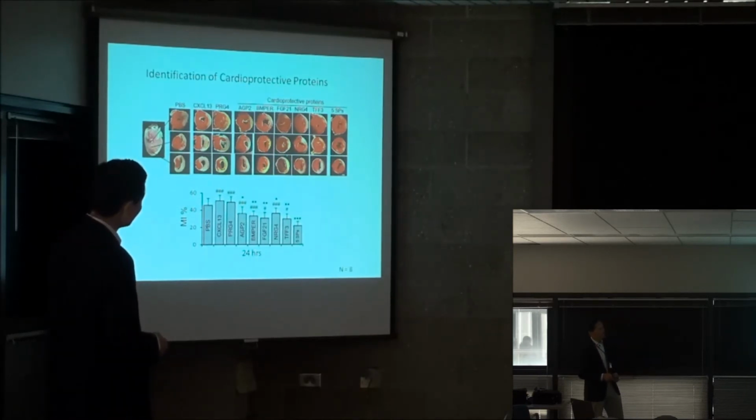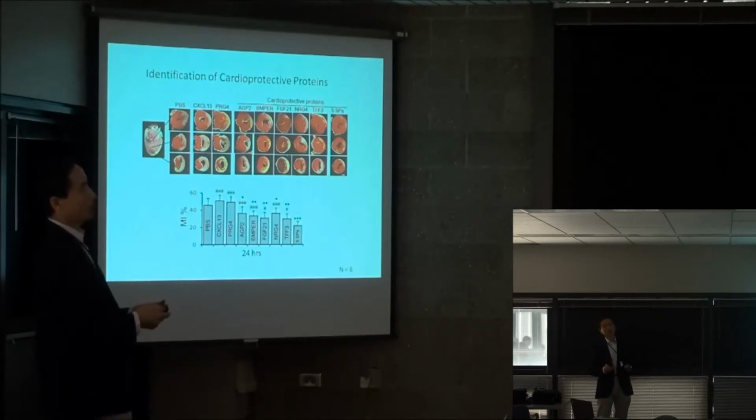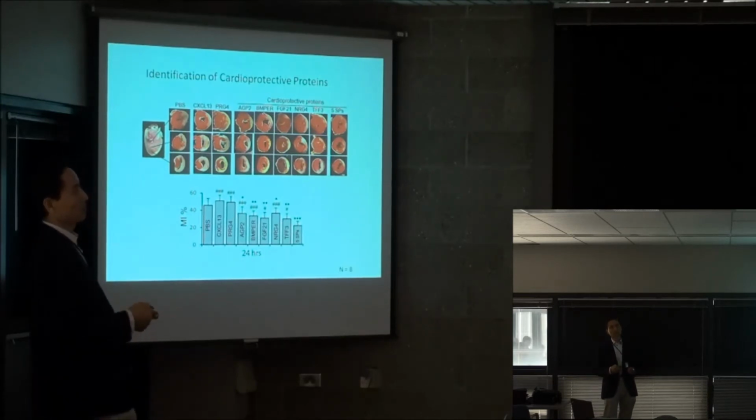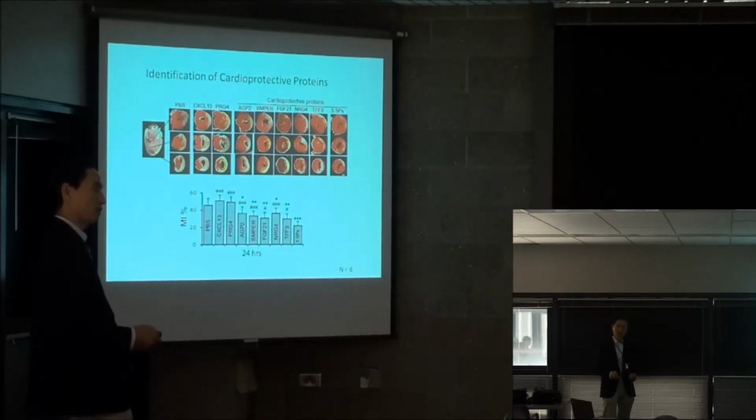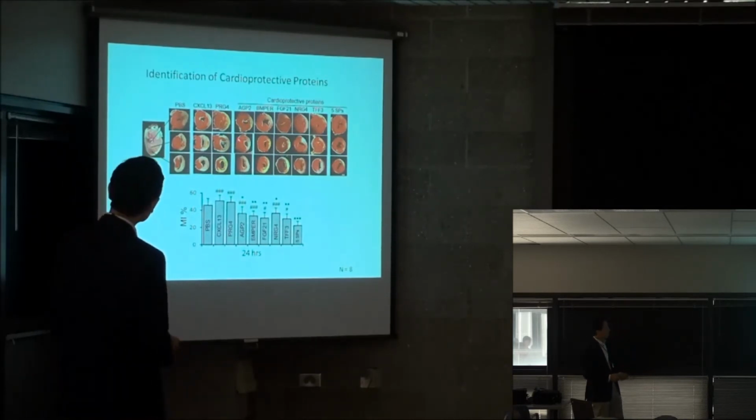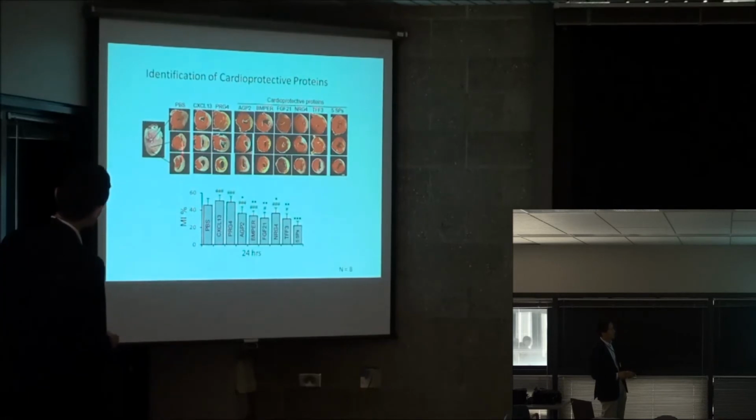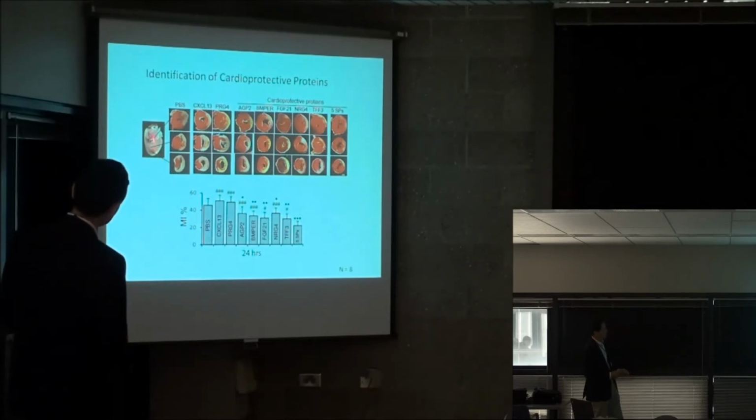So we tested 7. We injected a recombinant protein for a particular liver-derived secreted protein into the circulation immediately after myocardial infarction was induced in the mouse. So this column shows left ventricular specimen slices. And this is a mouse heart. Right here, there's a white dot.